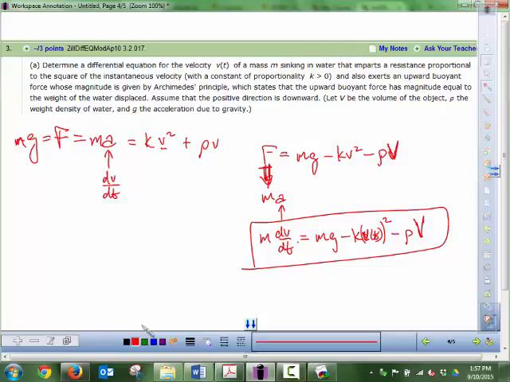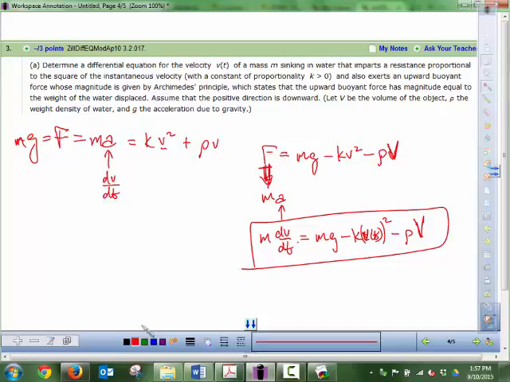How would you solve this differential equation? You've got to put it into a form. Let's see, what form?